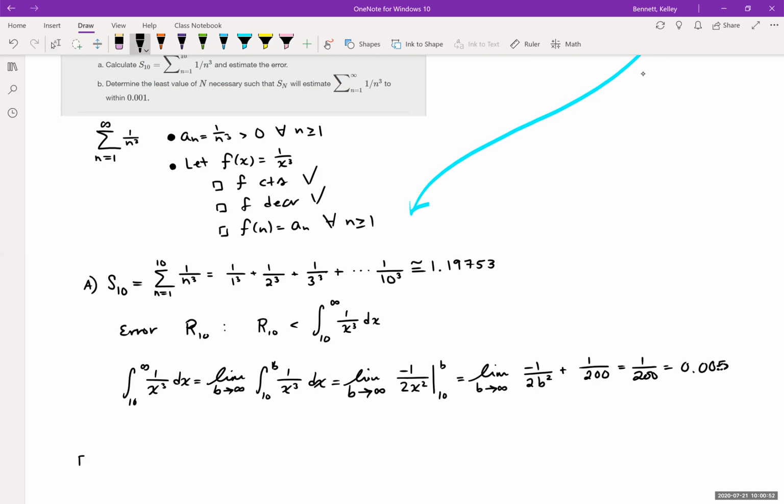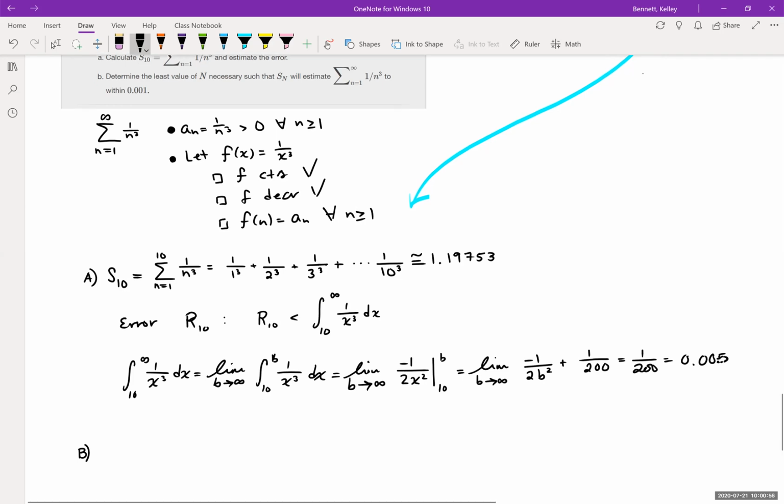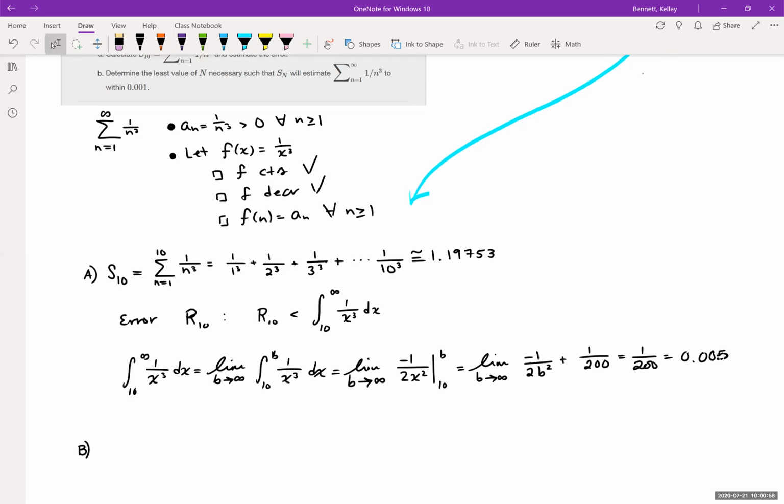So in part B, we need to know how far out we need to go to get the exactness that we need. So we want R sub n to be less than 0.001. That's really all they're asking.